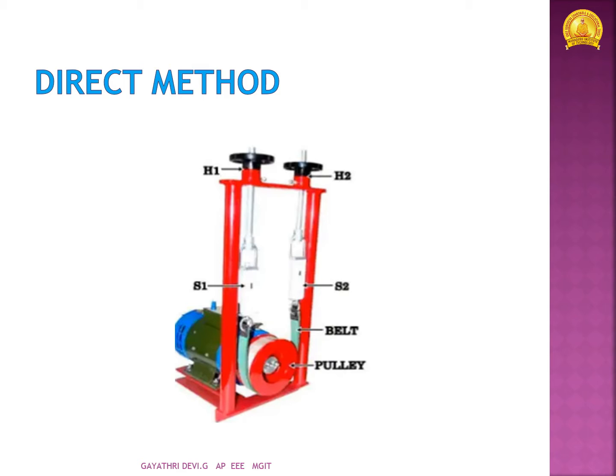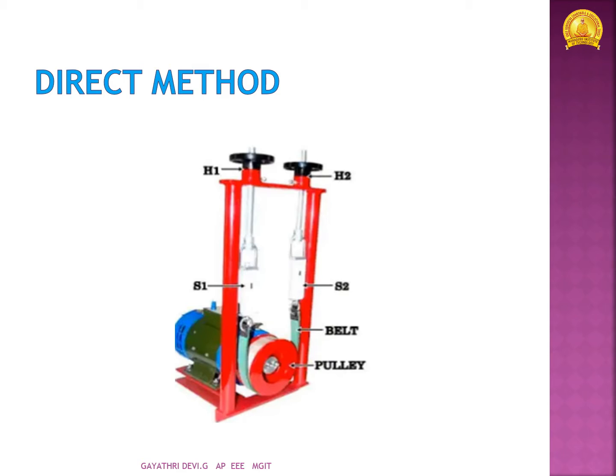Here H1 and H2 represent the hand wheels which are used to put different loads in the spring balances, which are shown by S1 and S2. The round portion is the brake drum which has a radius of small letter r.